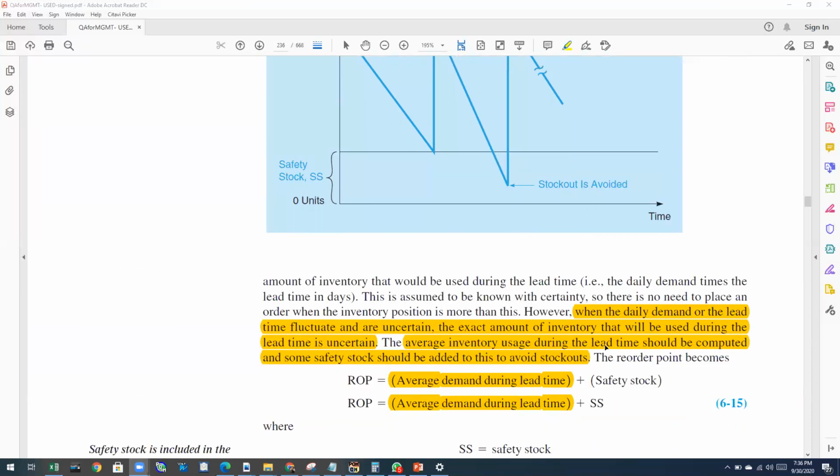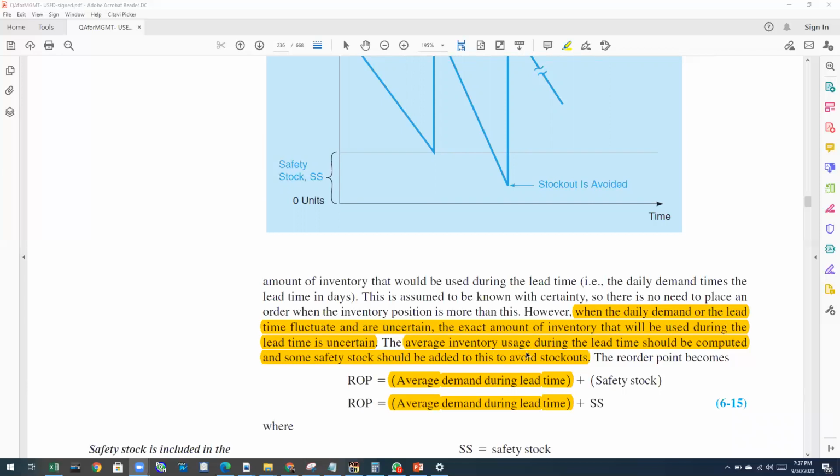When the daily demand or the lead time fluctuate and are uncertain, the exact amount of inventory that will be used during lead time is also uncertain.